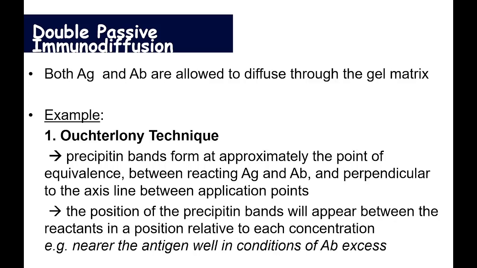The position of the precipitin bands will appear between the reactants in a position relative to each concentration. So for example, with higher antibody concentration, the precipitin bands will be formed near the antigen well.